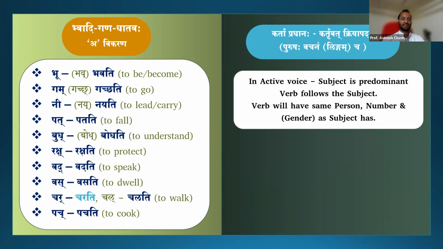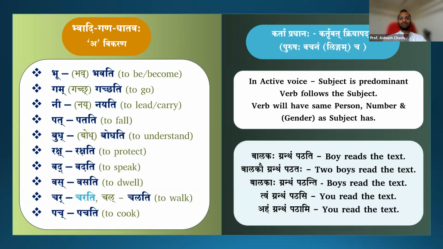That means you have to look at the purusha and the vachana of the karta. Later we'll see gender also, like Ramah gatah, Sita gata, where with some pratyayas gender also changes.